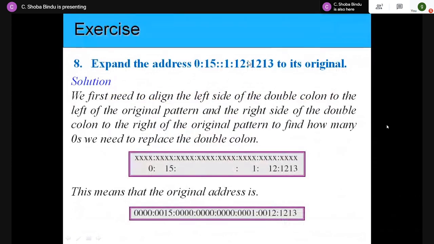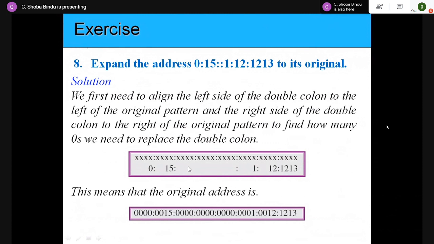Expand this address. How many 16-bit words are there? 4 hexadecimal digits each: 1, 2, 3, 4 and 5. In total you should have 8, but you have only 5 here. So you need to introduce 3 zero groups in between these two colons, like this.